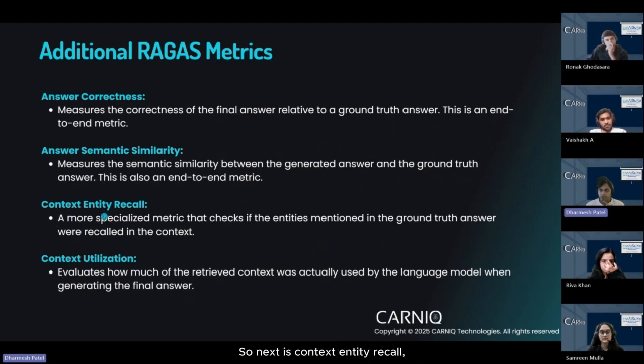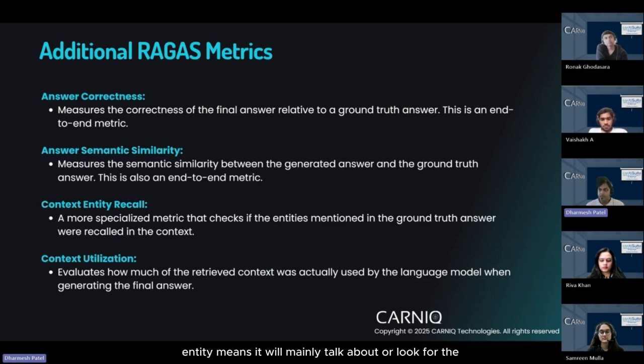So next is context entity recall. This is a more specialized metric that checks if the entities mentioned in the ground truth answer were recalled in the context or not. The small difference from what we previously talked about, the claim part: a claim could be one word or it could be an entire sentence itself.